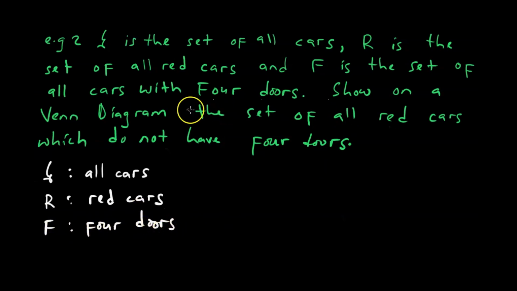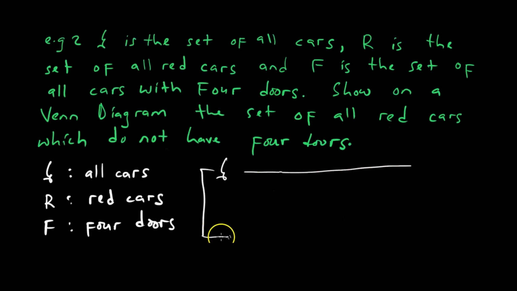Then it says, show on a Venn diagram the set of all red cars which do not have 4 doors. So we draw the Venn diagram like this.